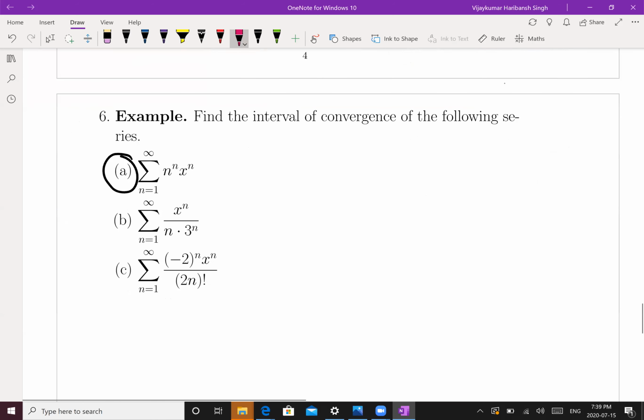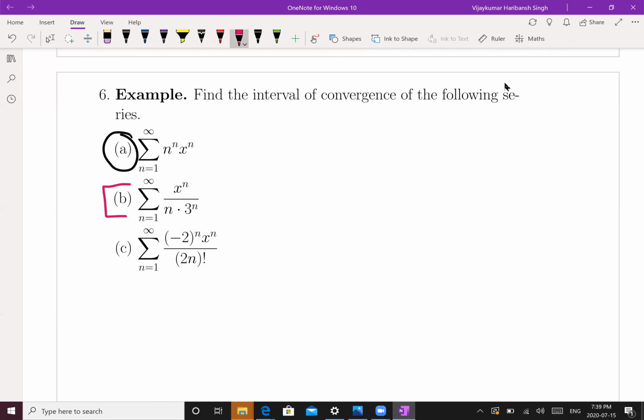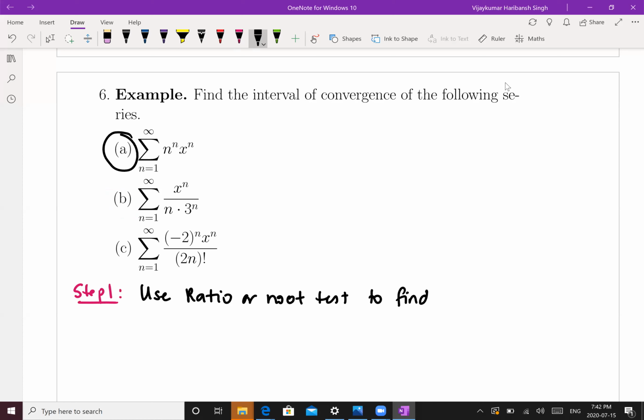So now we have already done A. Let's look at problem B now. So again for B, the steps are pretty straightforward. Step 1: first you use the ratio or root test to find the radius of convergence.